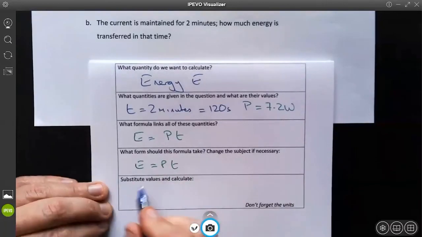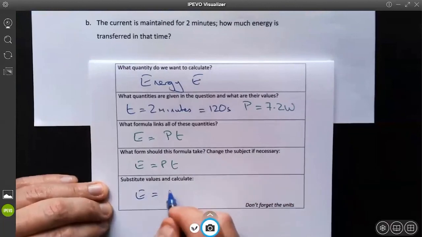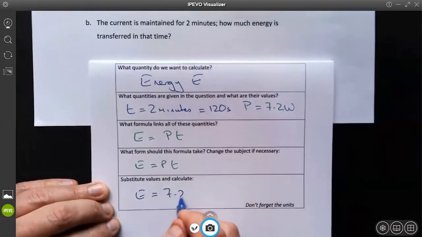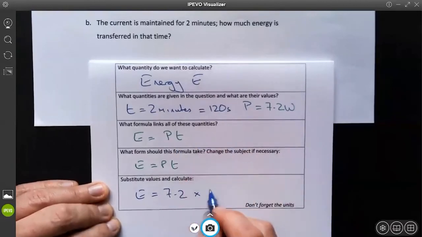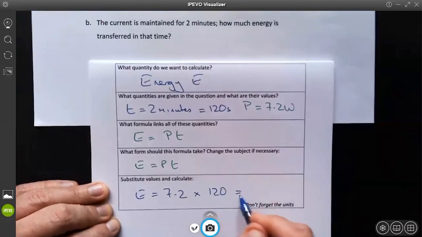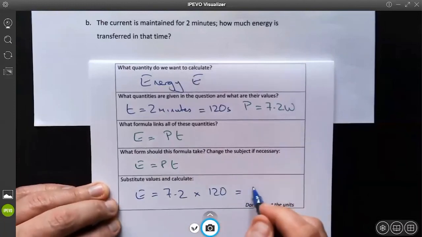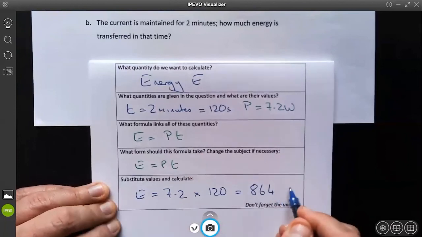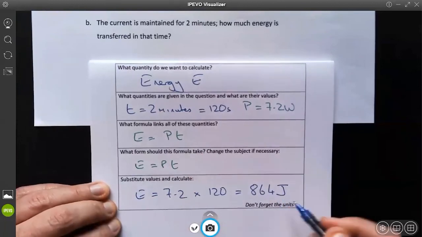To finish off the question, we need to substitute and calculate. We had a power of 7.2 watts from the previous part, and we've got a time of 120 seconds. Multiplying those two numbers together gives us a value of 864. And don't forget the correct units for energy, which are joules.